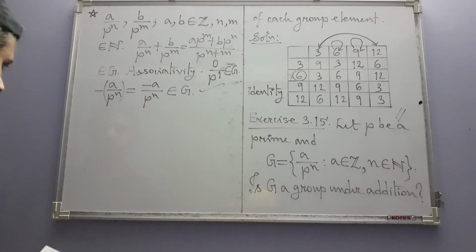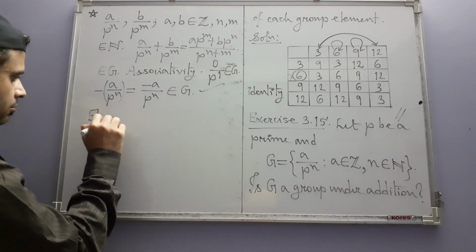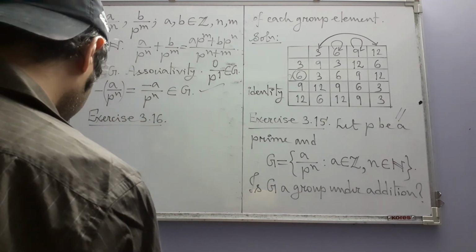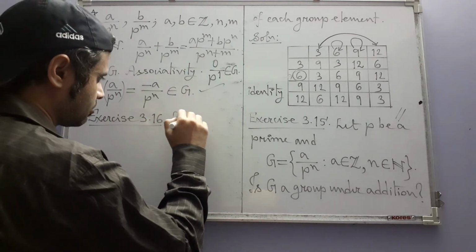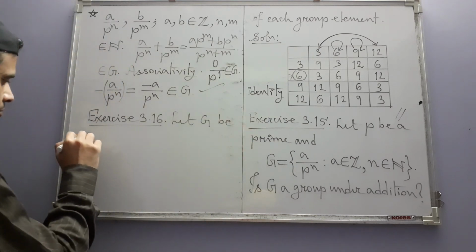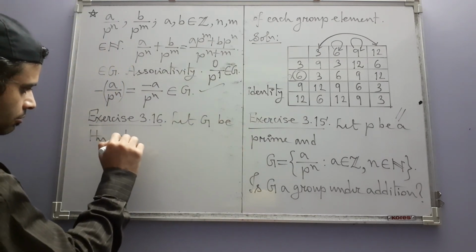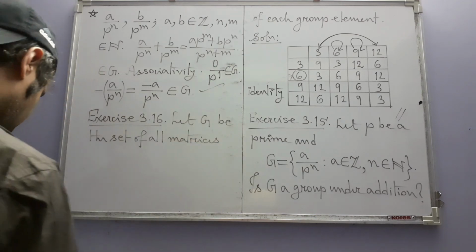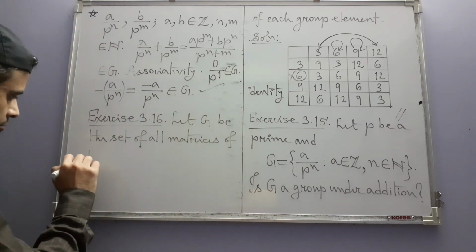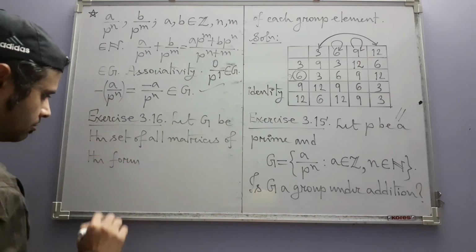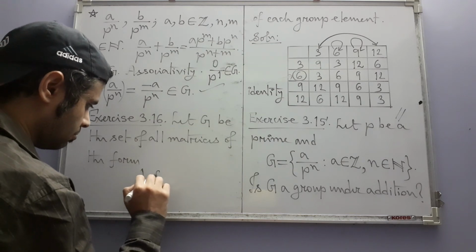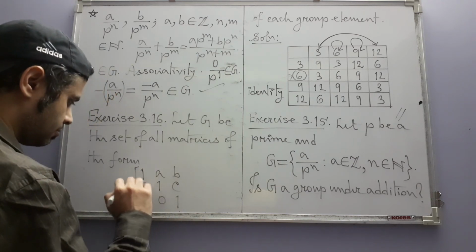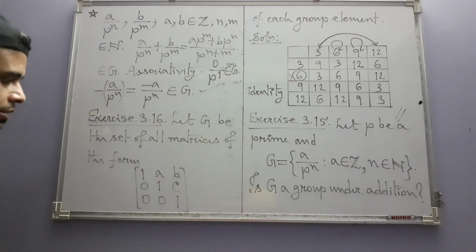And finally, we have this one. Let G be the set of all matrices of this form: 1, a, b; 0, 1, c; 0, 0, 1. The author is using round brackets. I prefer square brackets.